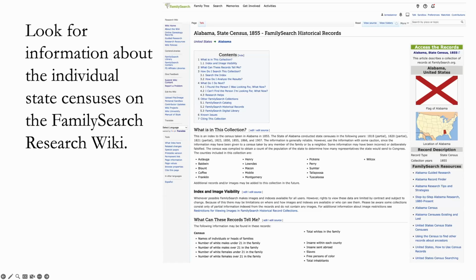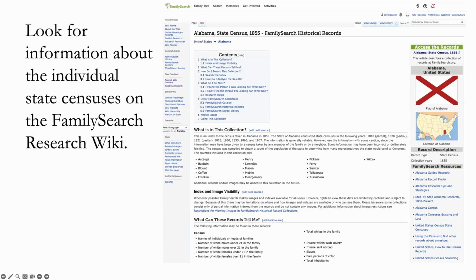Right down at the bottom, it's hard to see, but you can see the categories of information in this Alabama state census include those who are insane within each county, insane sent abroad. That's an interesting category. Slaves, now enslaved people, free persons of color and the total inhabitants.